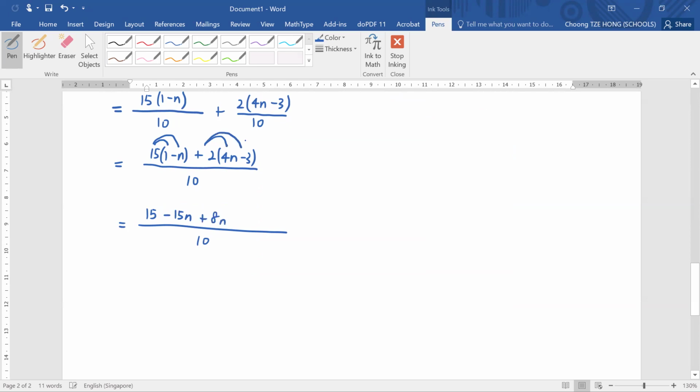Positive 2 times negative 3, negative 6. Let's group the like terms together. 15 minus 6, you end up with a 9. Negative 15n plus 8n, that would be negative 7n. So the answer will be 9 minus 7n over 10.